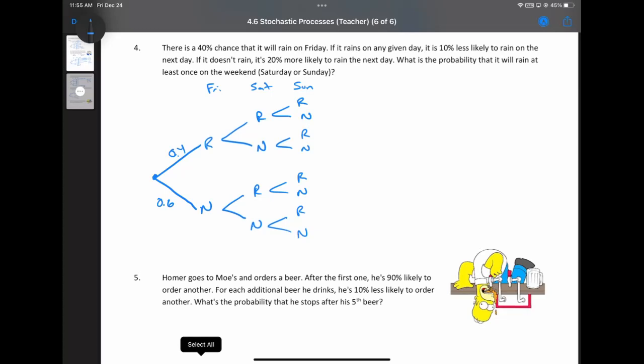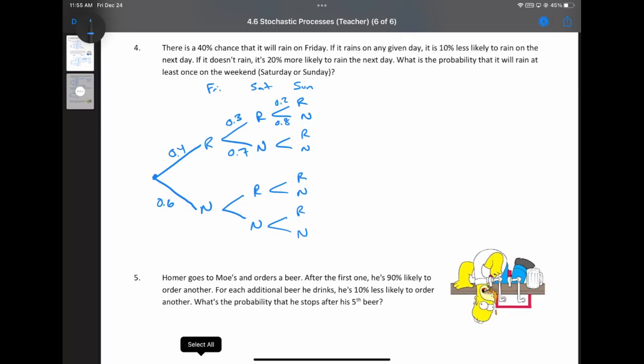Okay, so if it rained on our first day, then the probability it will rain the next day is 10% less than the 40% it was for Friday. So this drops from 40% to 30%, meaning this is 70. And I'm actually going to just fill out the top right one as well. If it was a 30% chance and it rained, there's now only a 20% chance it will rain on Sunday, and an 80% chance that it will not.